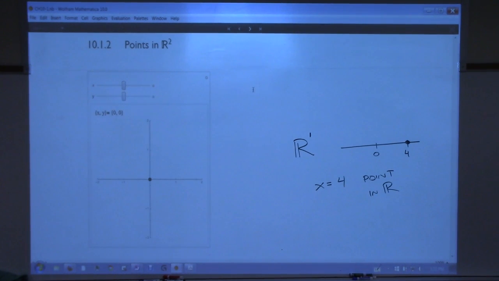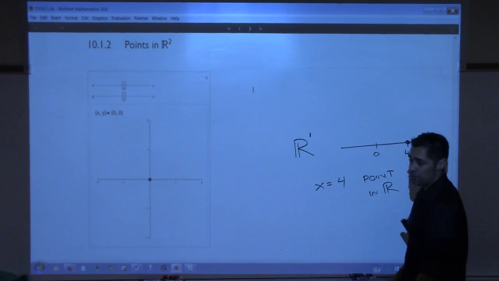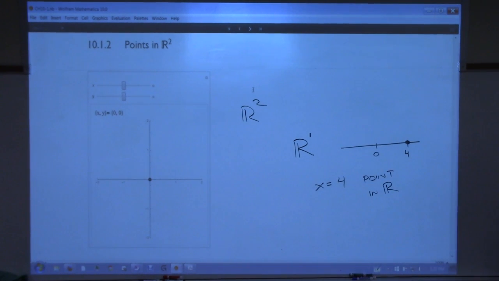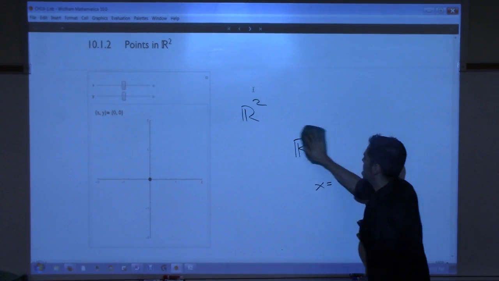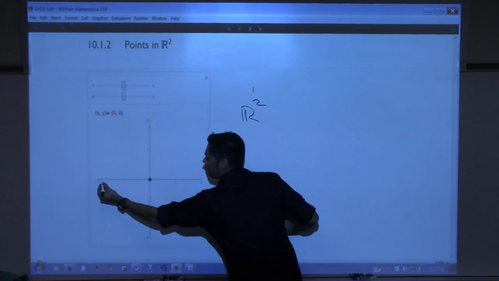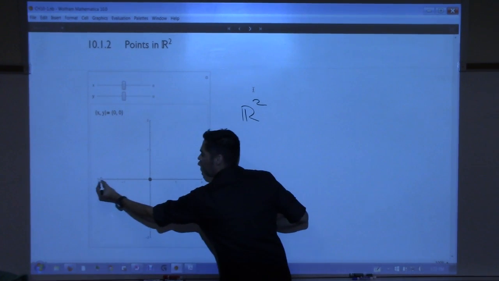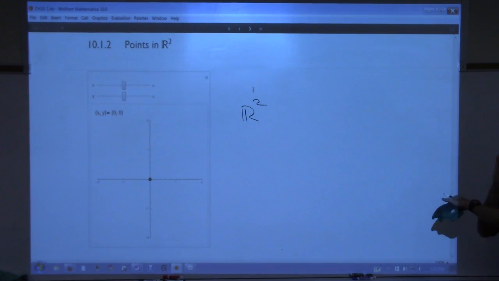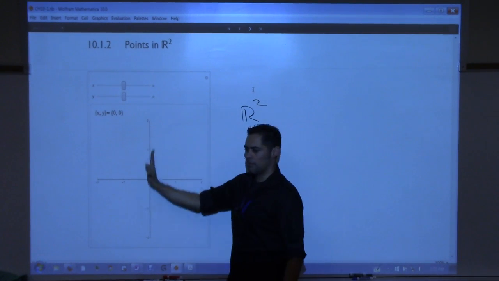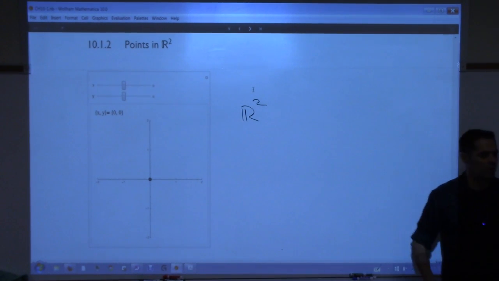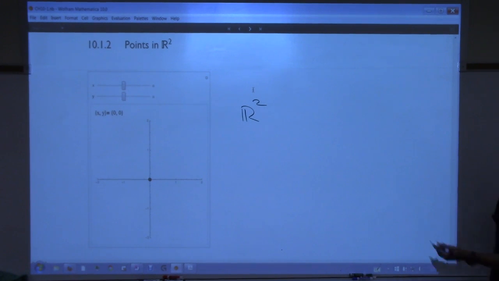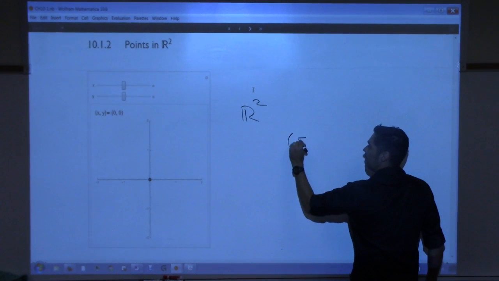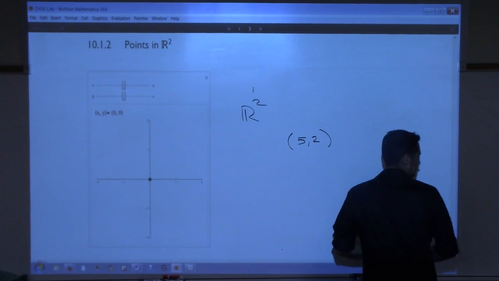Now, if we move to R2, that's 2-dimensional space. So we use the double-struck R2 like that. Then the idea is that we have all real numbers, and then another set of all real numbers. So that creates our perpendicular number lines, right? This is a number line. This is a number line. So we just put them like this. That's R2. I hope we're all comfortable with what an ordered pair is, right? An ordered pair, something like 1, 2.